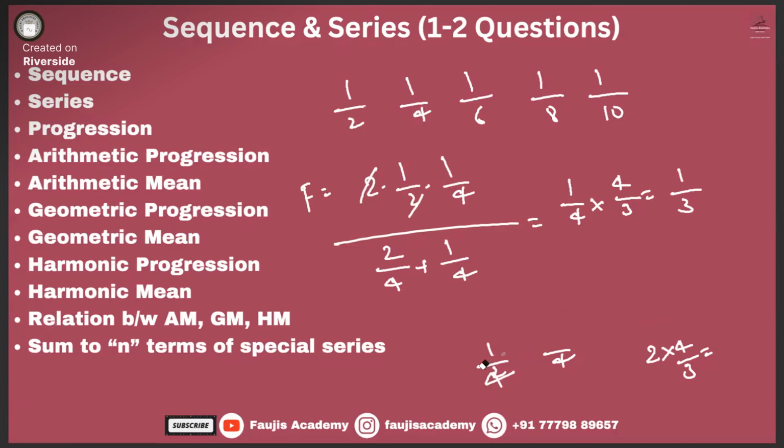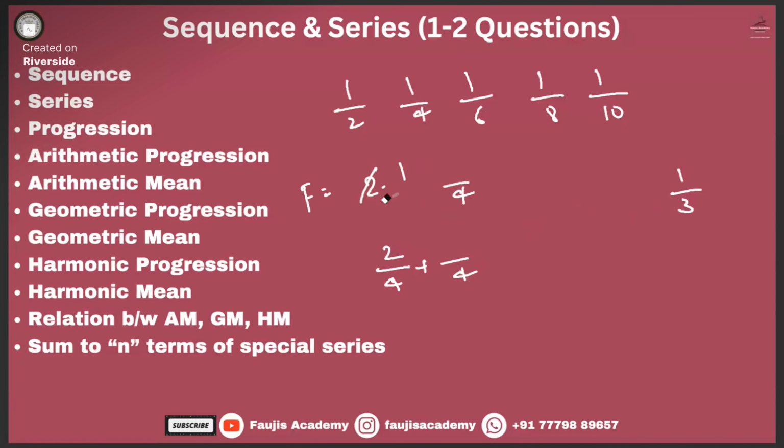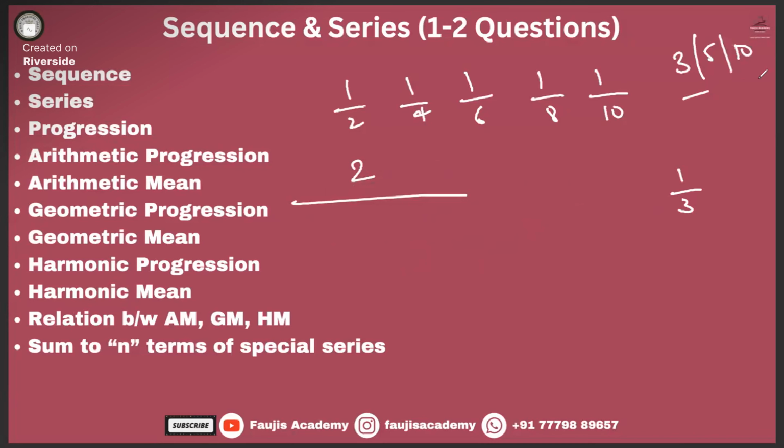And now without formula. Why is it not coming without formula? Okay, so with formula, 1 by 3 is what it is, right? Up till 1 by 3, we haven't made any mistake, right? So without formula, because if they ask you for 3 terms, 5 terms, 10 terms, what will you do?